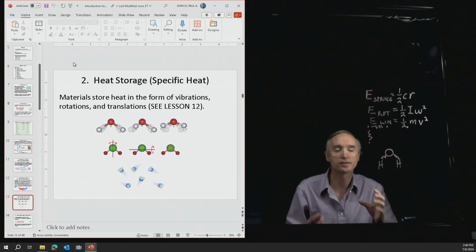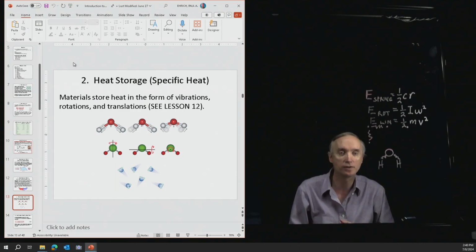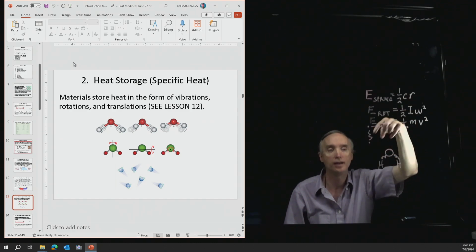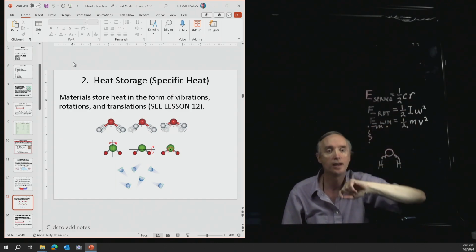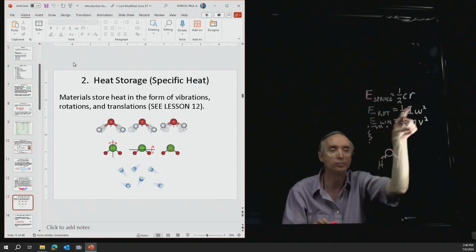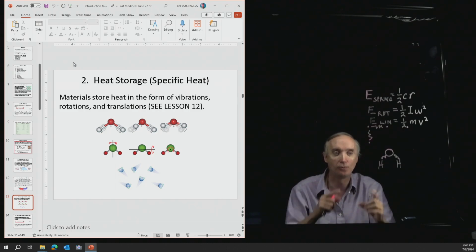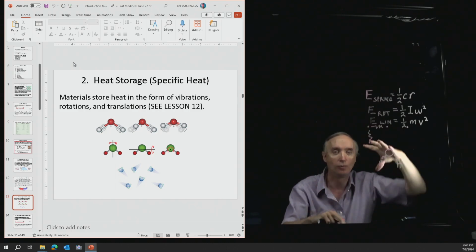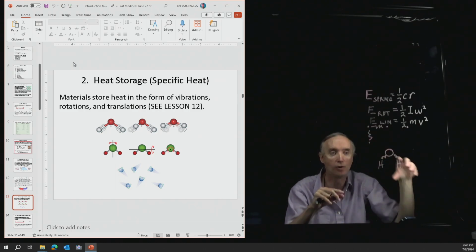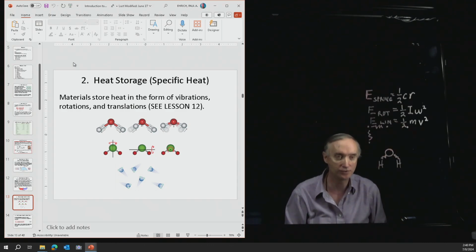So substances can have different ways of storing energy. They can store energy in the form of vibrations, energy in the form of rotations, and then energy just because they're moving in different directions. And water can do all three. So water can be vibrating, water can be rotating, and water can be moving around, bumping into each other.